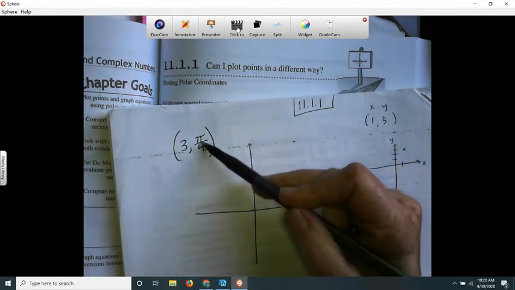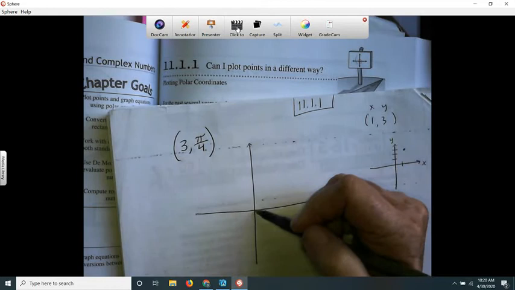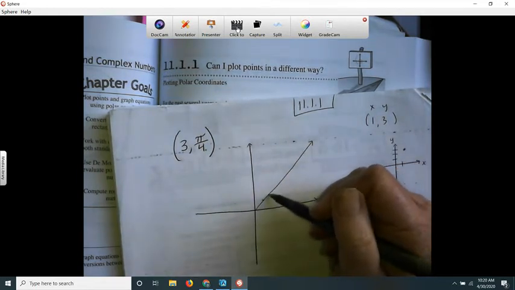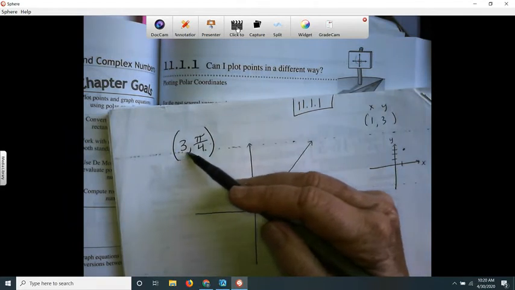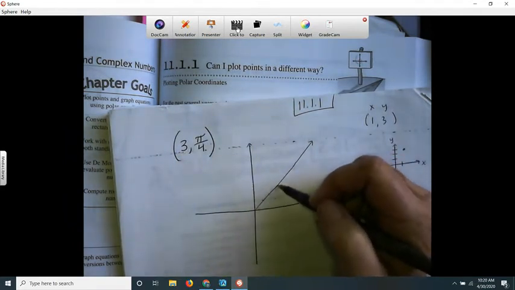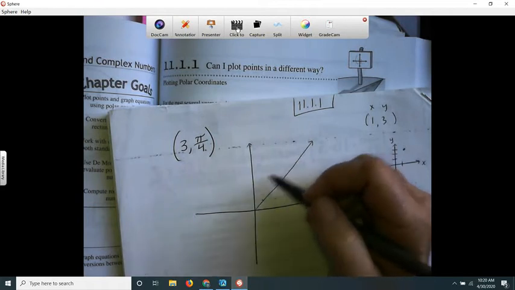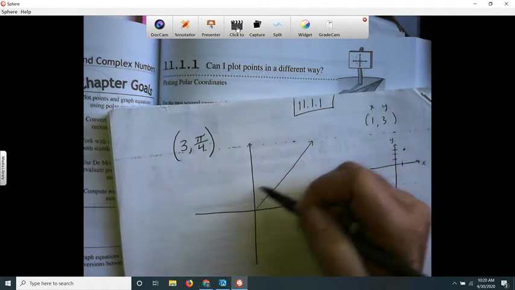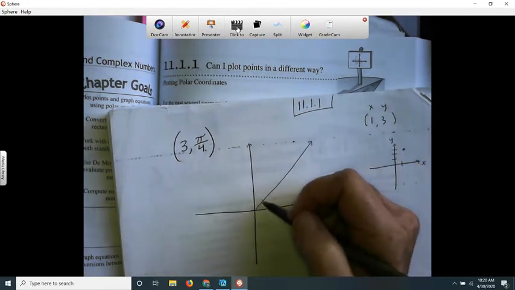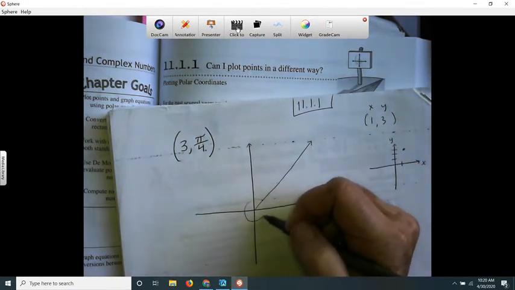So this is pi over 4. I can just sketch in a little pi over 4, right? And then this is telling you that the magnitude is 3. So this length right here is 3. An easy way, instead of making a bunch of triangles and using the Pythagorean theorem, is to use these little circles.